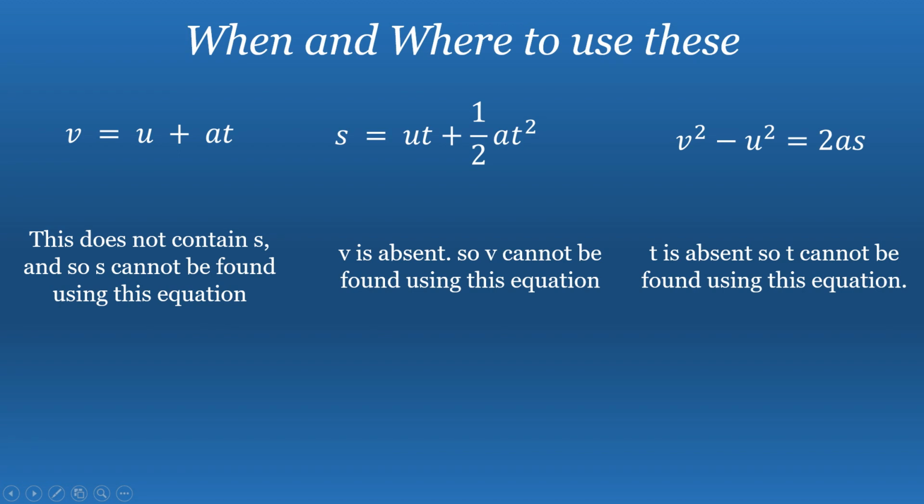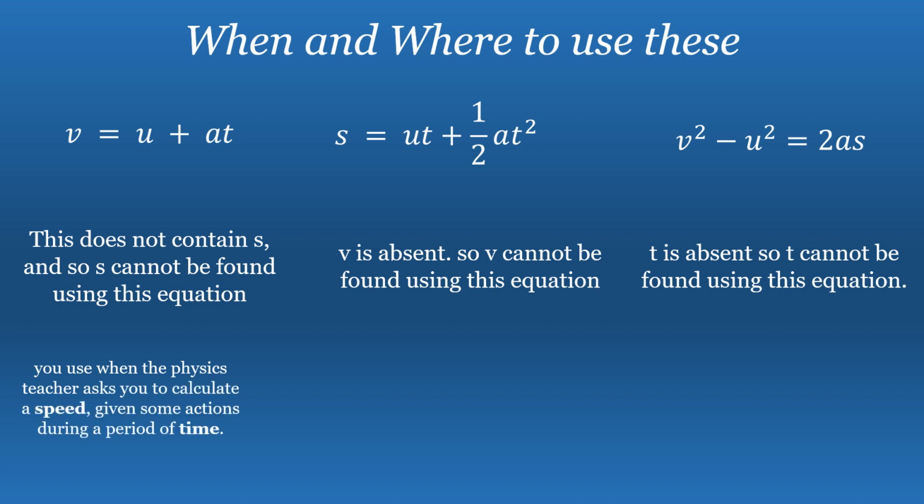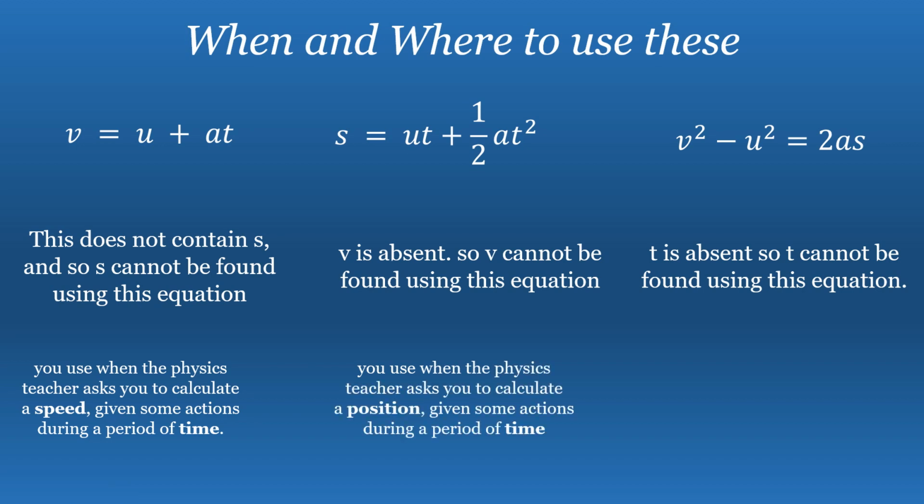But what we have to use precisely: when your teacher asks you to calculate the speed, provided some actions are given during some period of time, you will use the first equation. And if your teacher asks you to calculate the position, given some actions are taking place and they provide some data, say you have initial velocity, time and acceleration, and they ask you to find out the distance, you will use this equation, right?